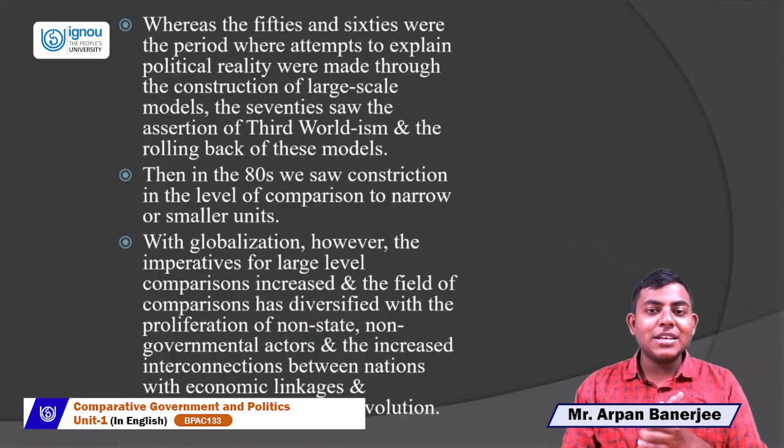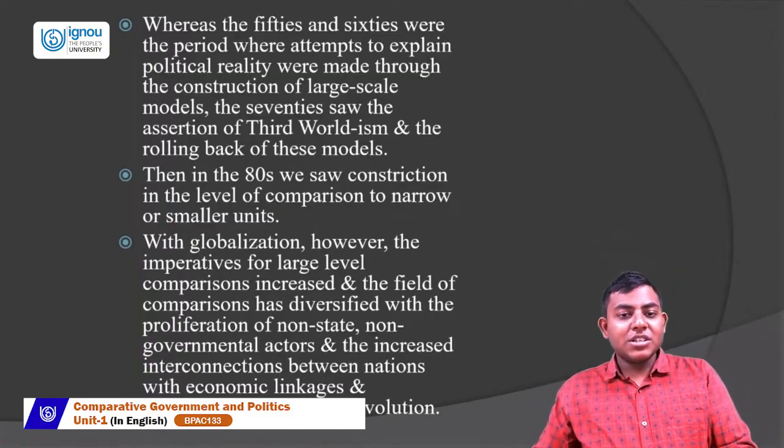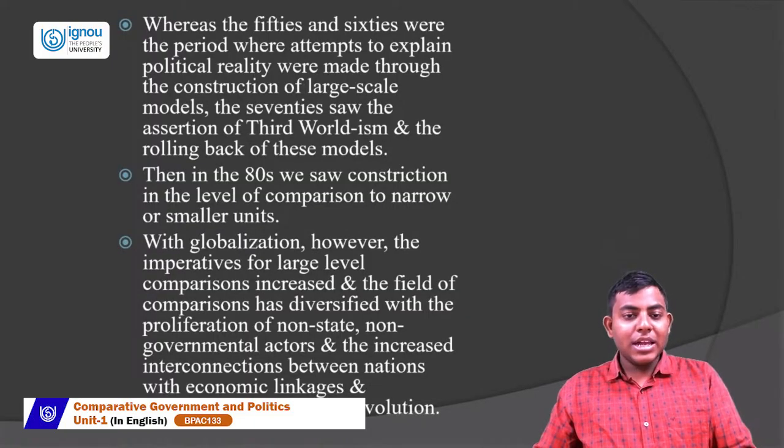Whereas the 50s and 60s were the period where attempts to explain political reality were made through the construction of large scale models, the 70s saw the assertion of third worldism and the rolling back of these models. Then in the 80s, we saw constriction in the level of comparison to narrow or smaller units.